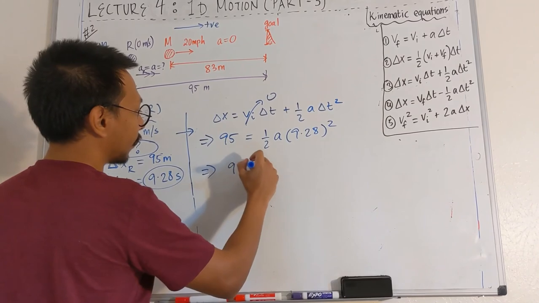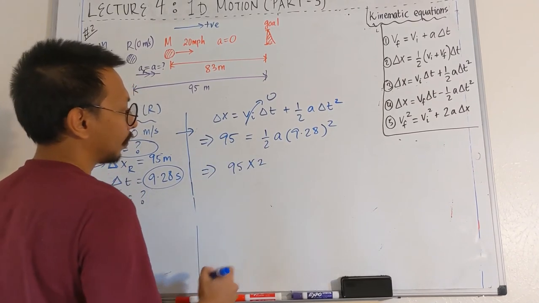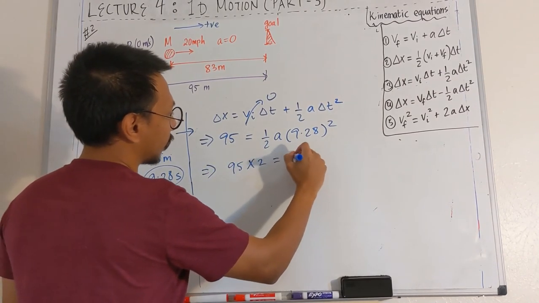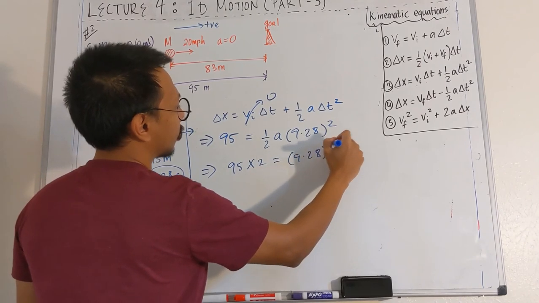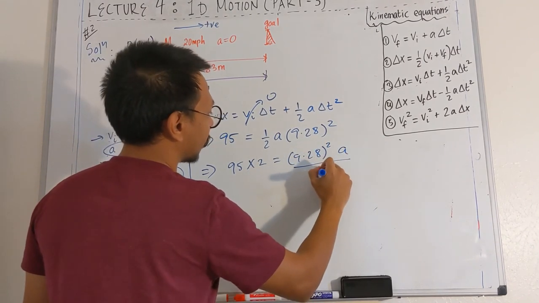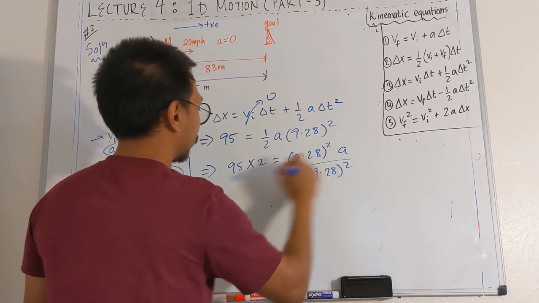So 95 times 2 equals a times 9.28 squared. Divide both sides by 9.28 squared.